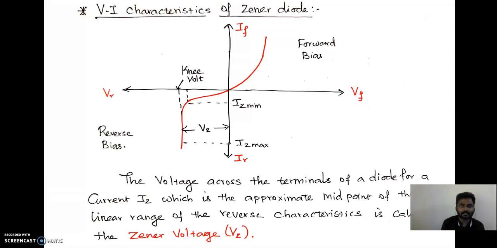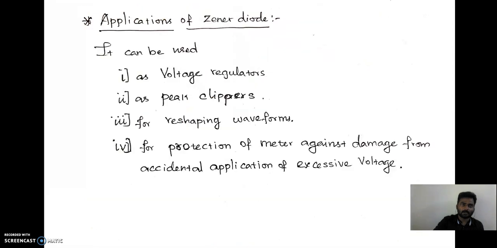At approximately the midpoint between the maximum Zener current and minimum Zener current, there occurs a Zener voltage, termed Vz. That is, the voltage across the terminals of the diode for a current Iz, which is the approximate midpoint of the linear range, that is, when it becomes constant. The linear range of the reverse characteristic is called the Zener voltage.